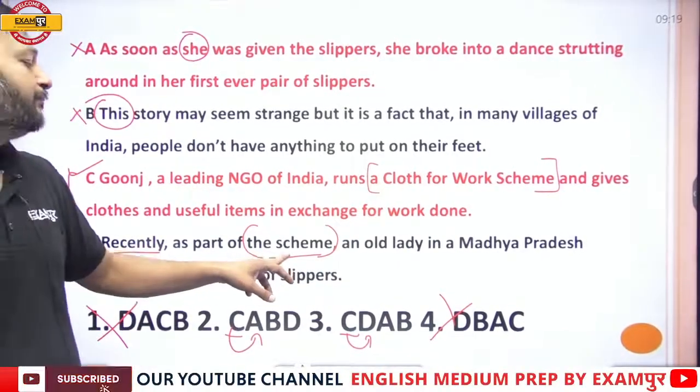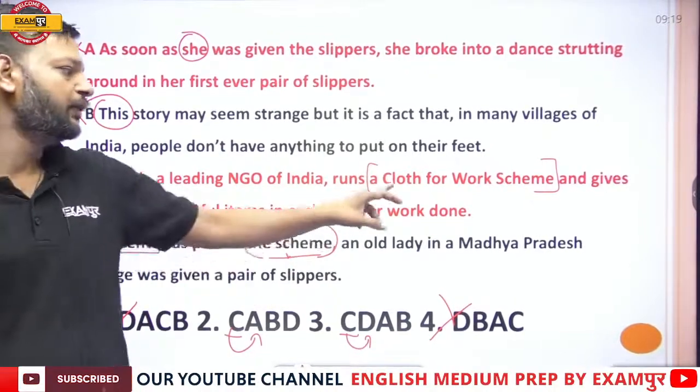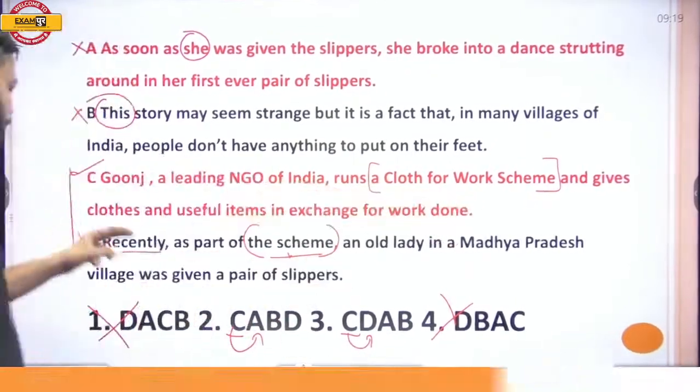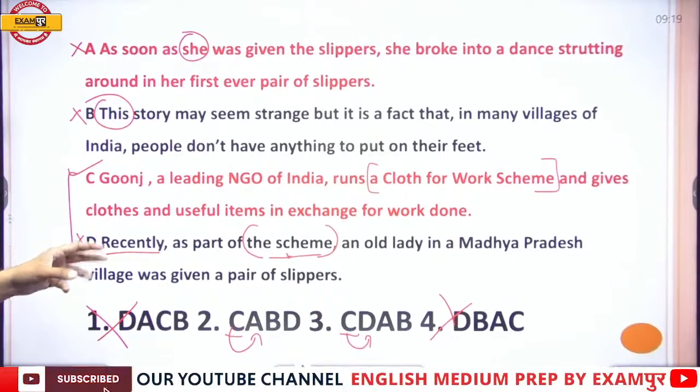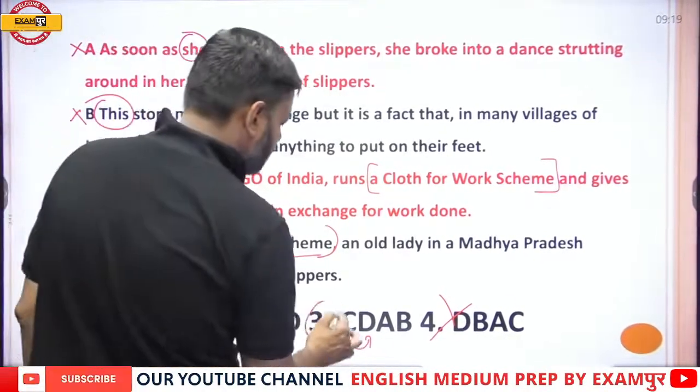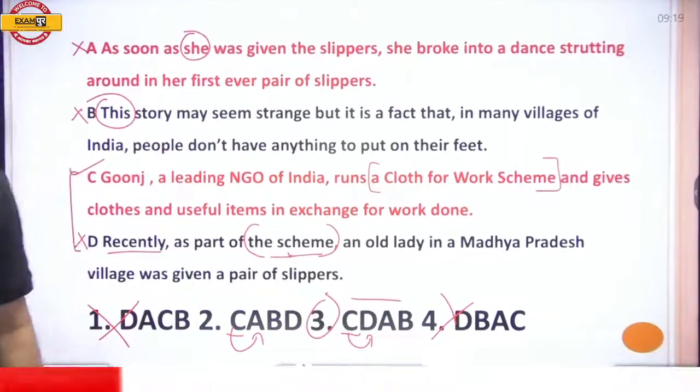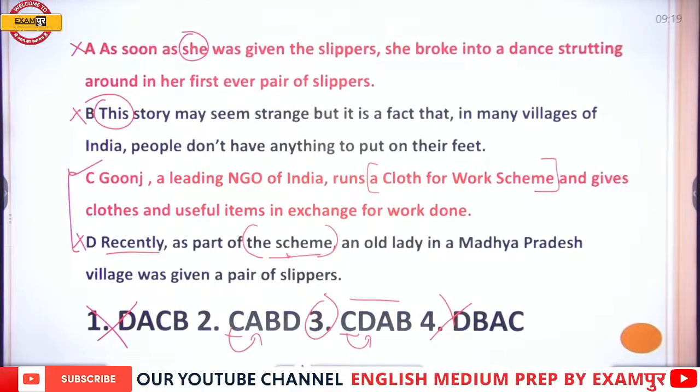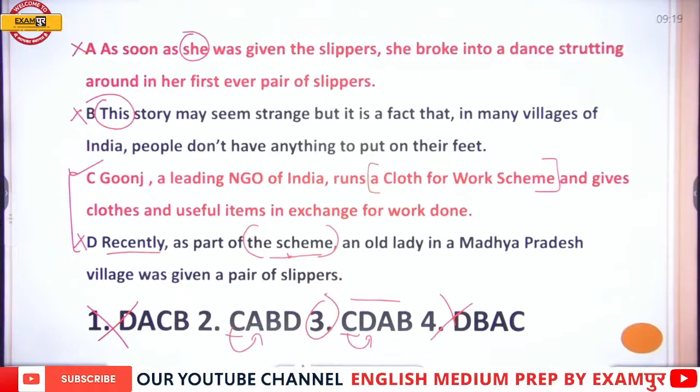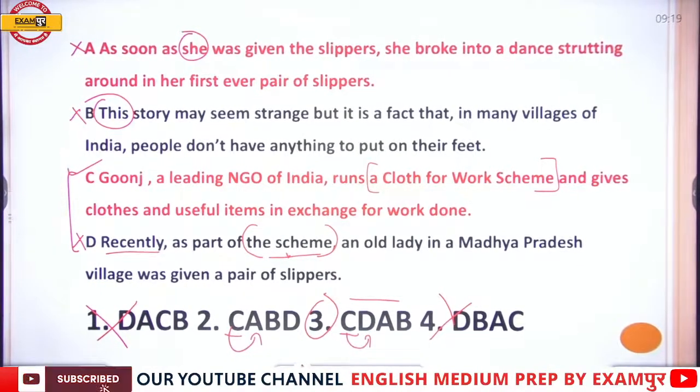Here "the scheme" refers to the cloth for work scheme. So C is followed by D. So the answer would be 3, CDAB. Right?